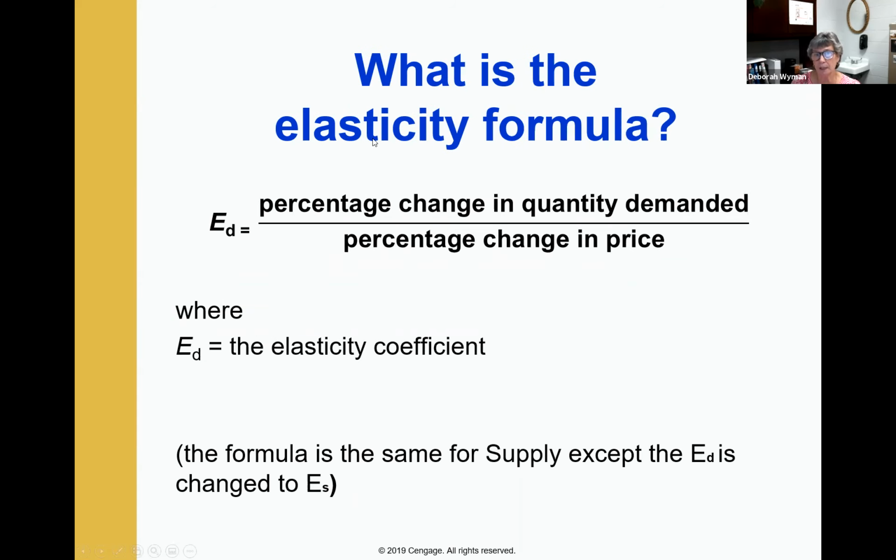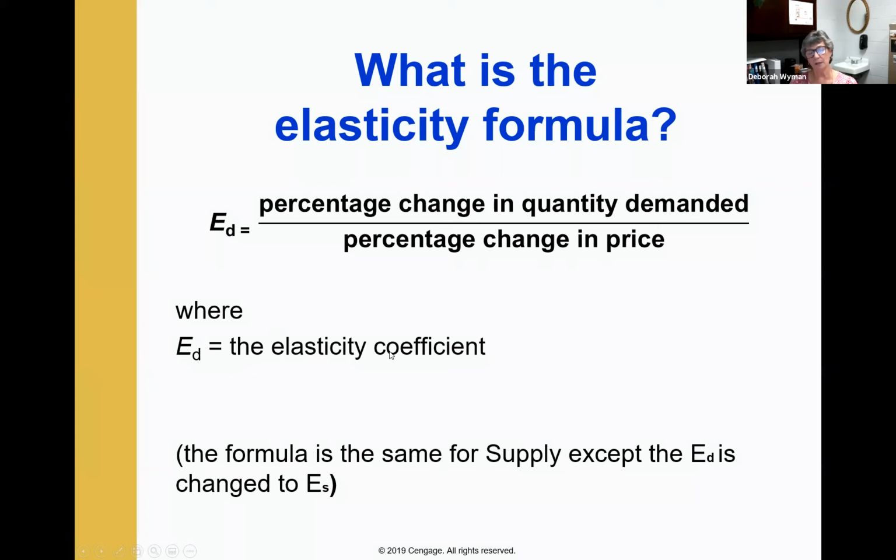So what's the formula for elasticity? This little d means demand, and this little s means supply, and E just stands for elasticity. So this is the formula for elasticity of demand: percent change in quantity demanded over percent change in price, where E demanded equals the elasticity coefficient.